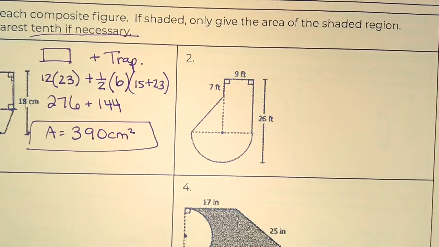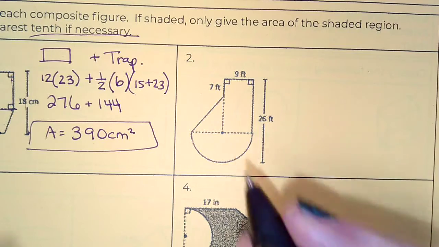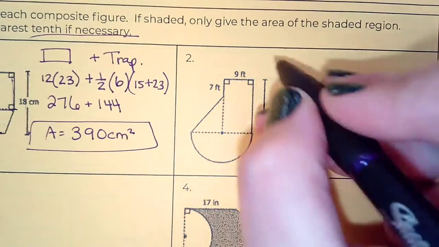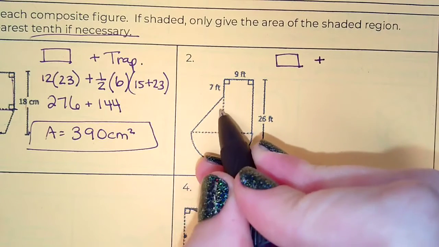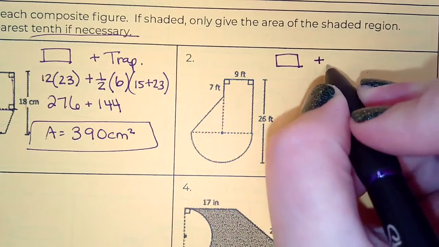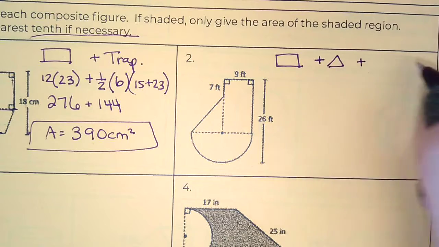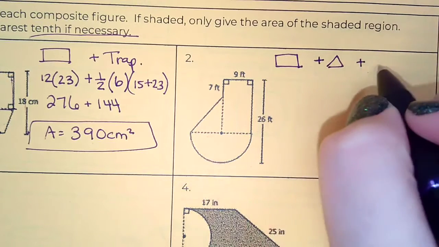Number 2, how many shapes do you see here? Okay. I see a rectangle, plus I see a triangle, plus I see this half a circle.